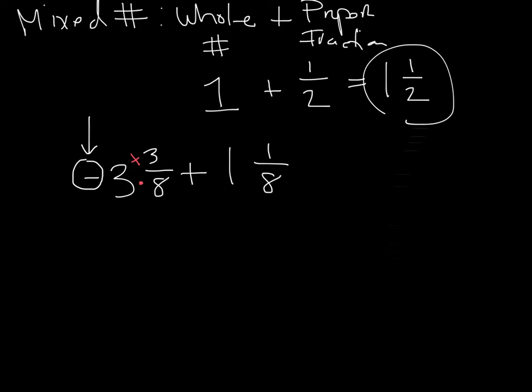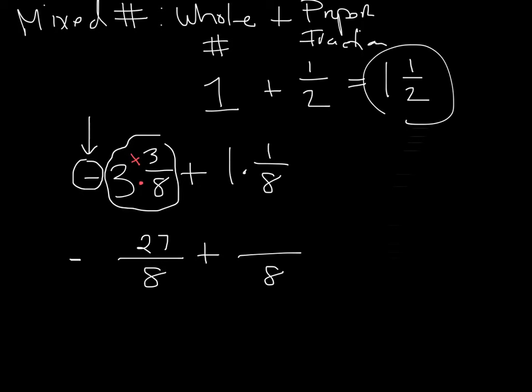We're not using that negative. So let's just bring that guy there, and then we work with this part, okay? 8 is in the denominator, and we have 3 times 8 is 24, right? Plus 3 is 27. And similarly, 8 times 1 is 8, plus 1 is 9, right? 9/8 is the same thing as 1 1/8.